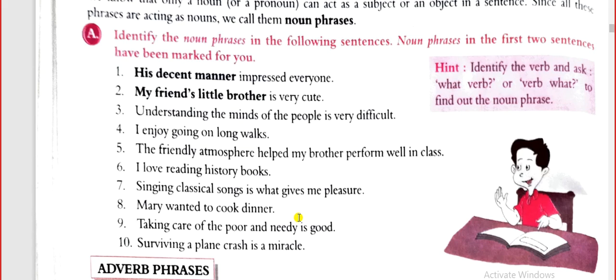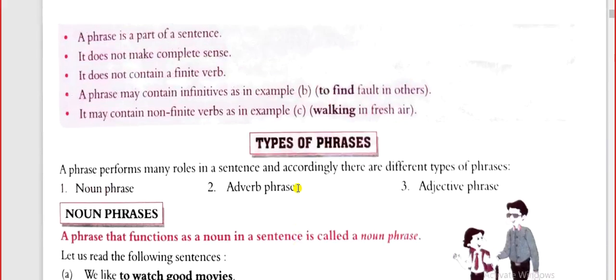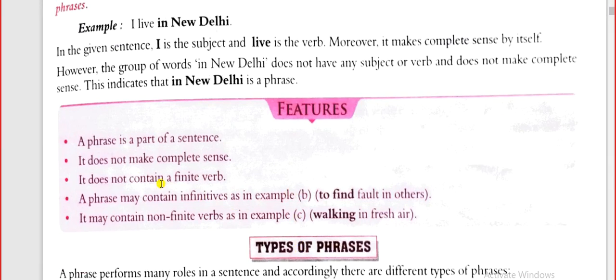Yes or no? No, ma'am. Ma'am, if we got the noun phrase, the word will be included in noun phrase or not? So I think आपको पीछे जाना पड़ेगा. हाँ, यहाँ पे क्या बोल रहा है? It does not contain a finite verb. इसमें finite verb नहीं होगा. तो आपको चेक करना पड़ेगा ना, to find what kind of verb is this? Is it finite or non-finite?